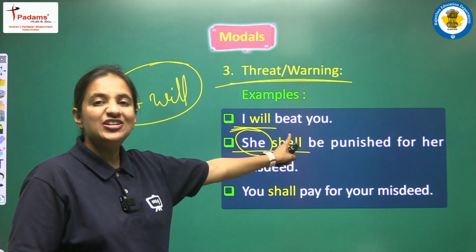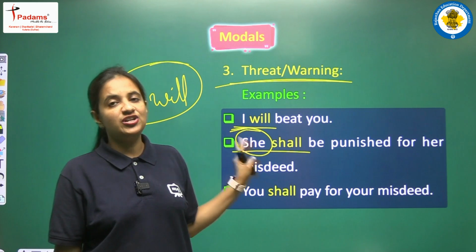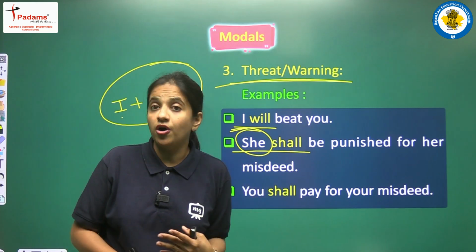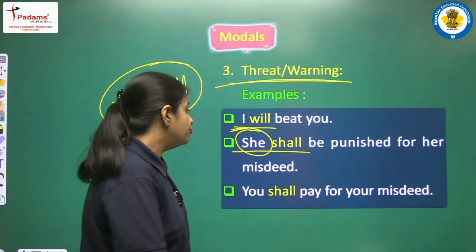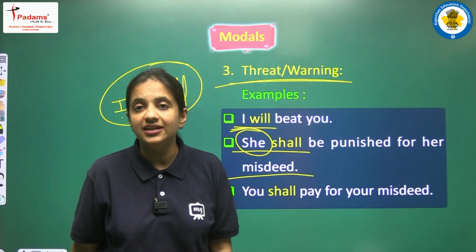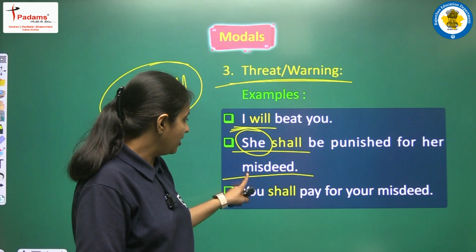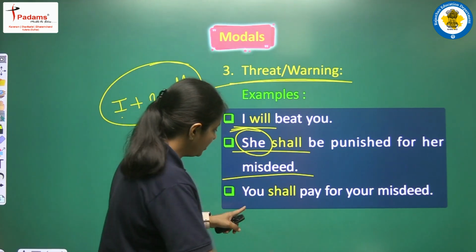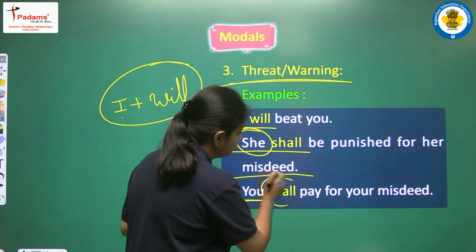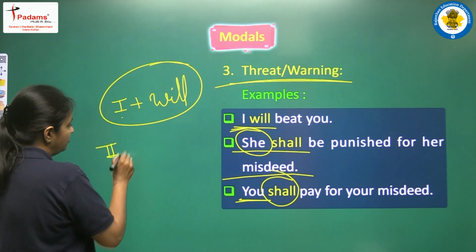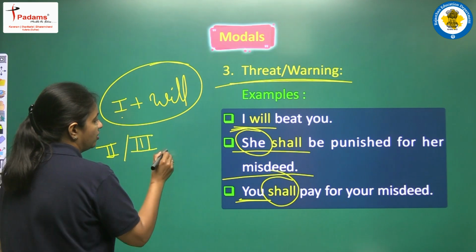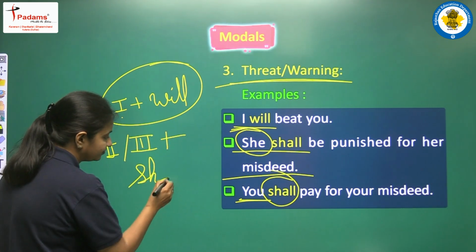So here we have shall as a modal, and with the help of shall we are giving one kind of warning, and we are saying that she shall be punished. Why? For her misdeed. So we can have a third person pronoun, and we can have a second person pronoun also with shall. So let's write this also: second person or third person pronoun plus shall.